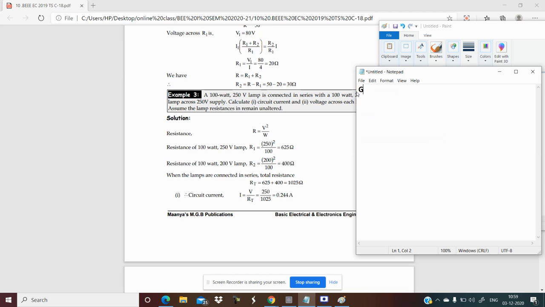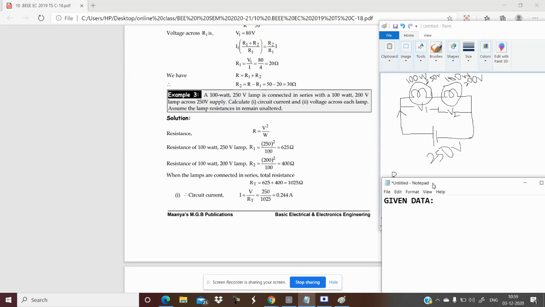When you are solving any problem, you have to first write the circuit diagram and the given data. The given data is 100 watts, 250 volts, and again 100 watts and 200 volts.